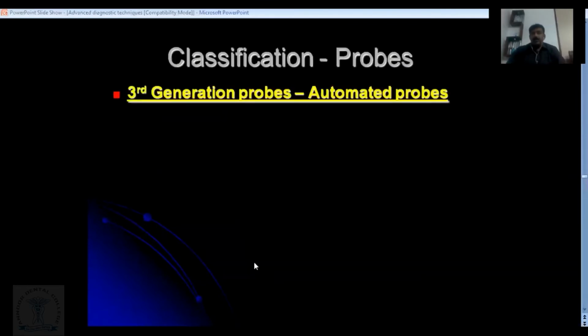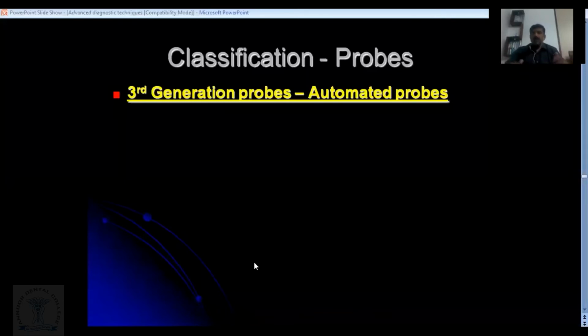The third generation probe is the computerized and automated periodontal probe. These are probes that are actually connected to a computer, and they can automatically detect your periodontal pocket. It can automatically detect the cementoenamel junction, and thereby it can give a clinical attachment level.